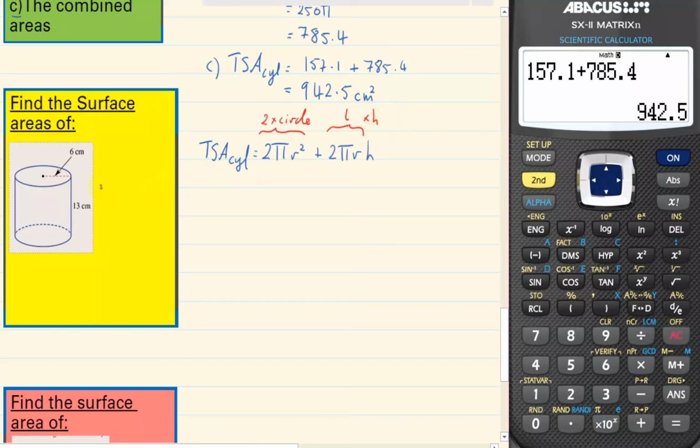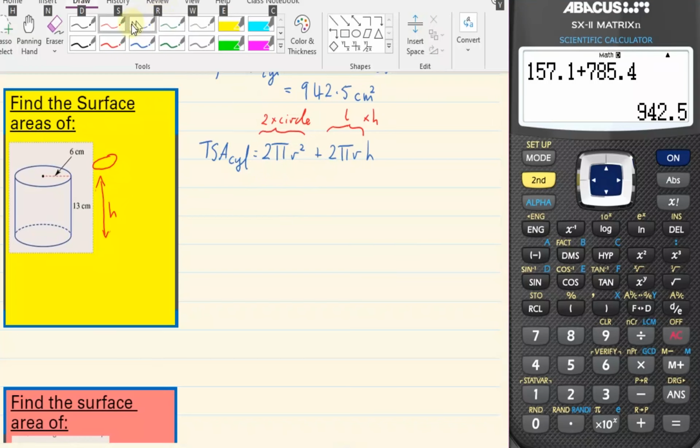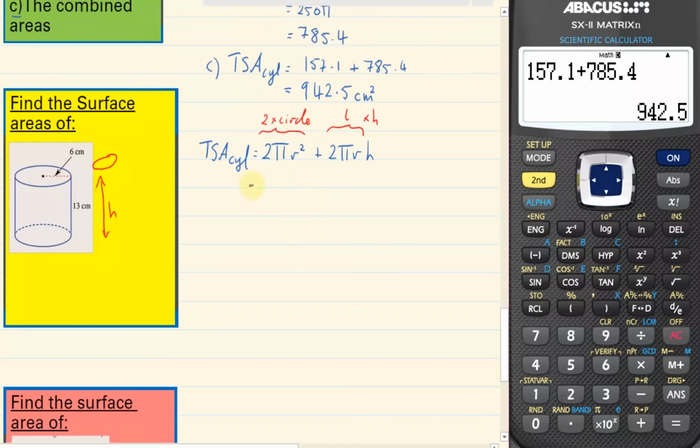Okay, length times width, length times height. If we think about the height of the rectangle here, that's the height. And the length is going to be the equivalent of going around the circumference of the circle. Okay, so now that we've got one equation, it's sort of long, but we can just substitute our numbers into that and drop a couple of steps out.